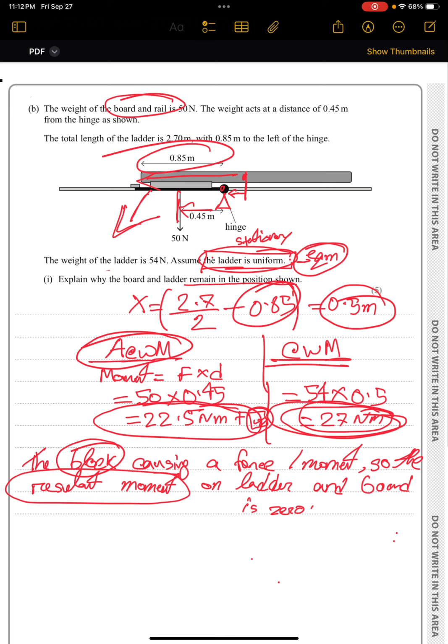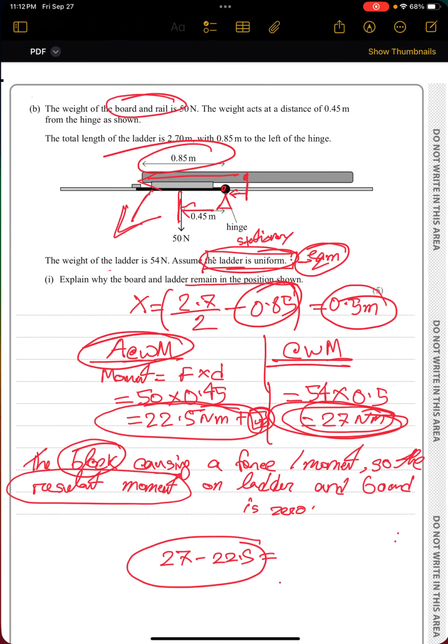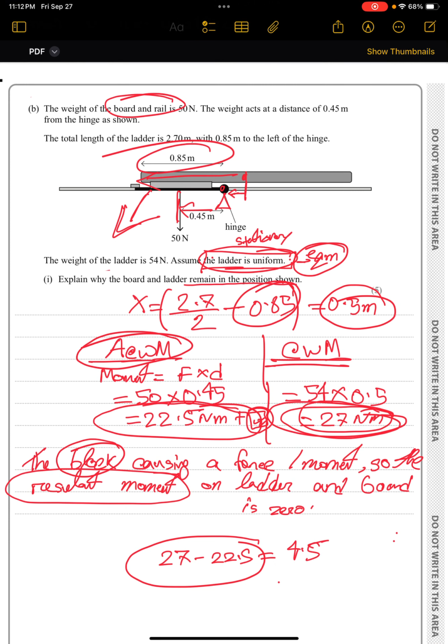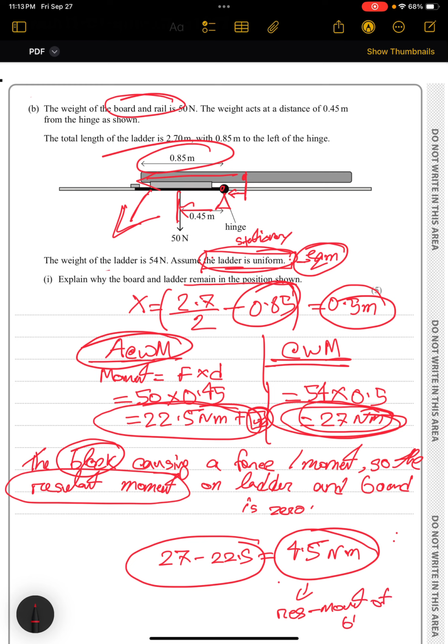So we can say that 27 minus 22.5 Newton meter will be the moment which is applied by the block, which will be equal to 4.5 Newton meter. This is the resultant moment of the block to make it stay in a stationary position or in equilibrium.